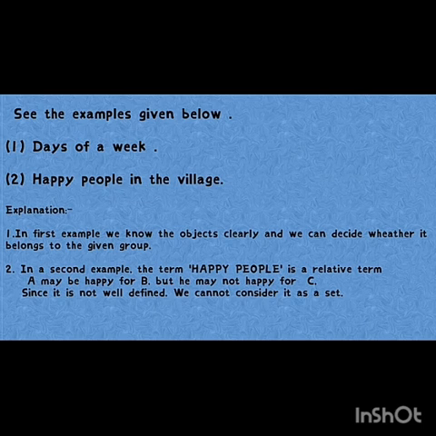In the first example, we know the objects clearly and we can decide whether each belongs to the given group. In the second example, the term happy people is a relative term. A may be happy for B, but he may not be for C. Since it is not well-defined, we cannot consider it a set.